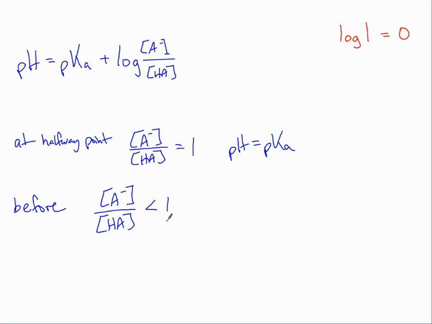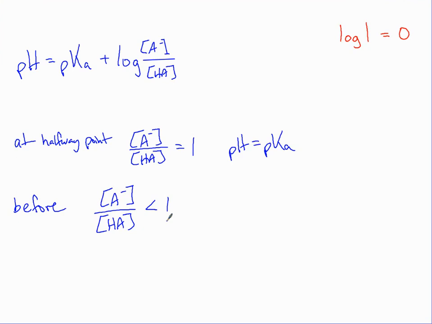So how does the pH and the pKa compare? So what's the log of a fraction? So let's make up a fraction. The log of something between 0 and 1 is a negative number.